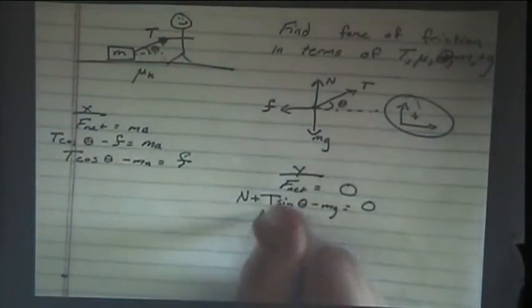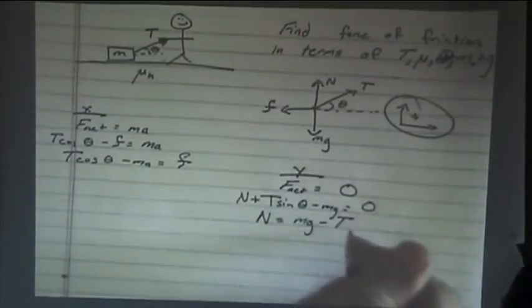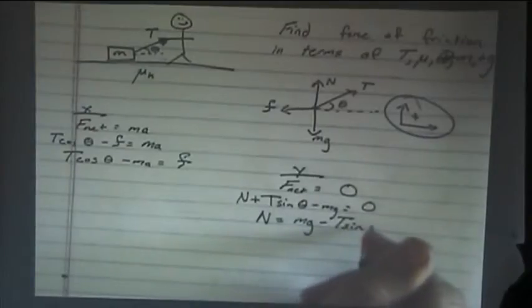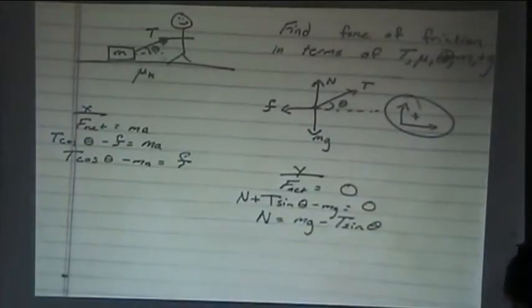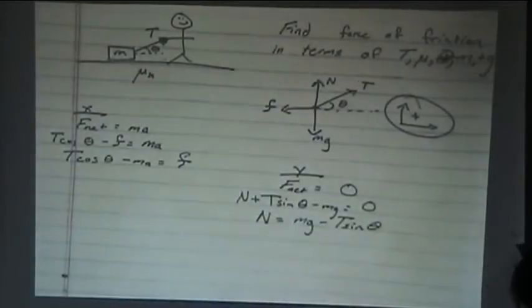Now as I look at my variables, I notice what I can do here is I can say that the normal force equals, I can bring mg to the other side and make it positive. I can bring T sine theta to the other side and now make it negative. If I use the y side of my equation, I get an expression for the normal force.